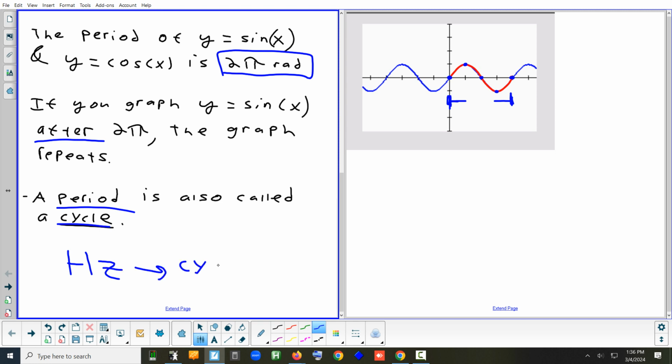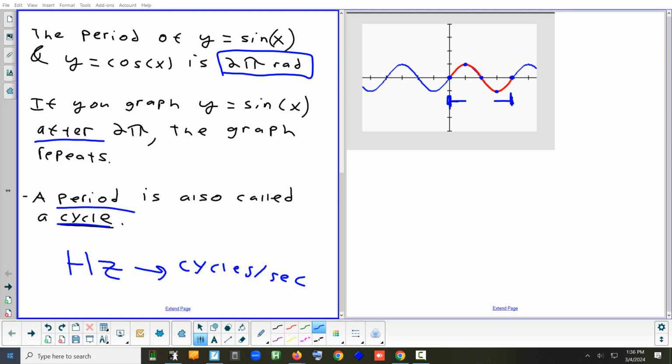Hertz is cycles per second. So when you talk about a sound wave, it looks like a sine wave, and the frequency is measured in cycles per second. They don't really say periods per second; they say cycles.